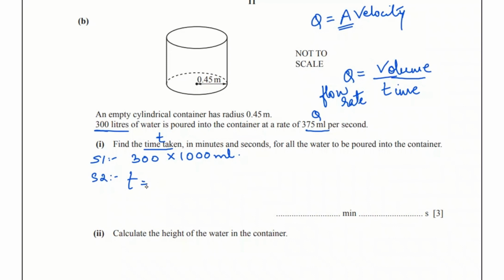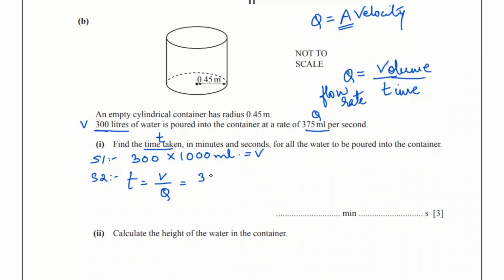T equals V upon Q. Volume is 300 liters, that we calculated as 300 into 1000 milliliters.